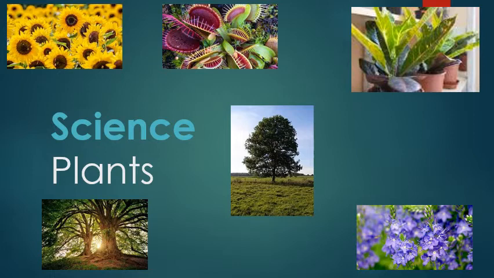Okay, you probably already knew that plants are living things and they come in all shapes and sizes and can look completely different. I want you to think about a tiny buttercup that you might find in our school fields, a little yellow flower, how small that is.